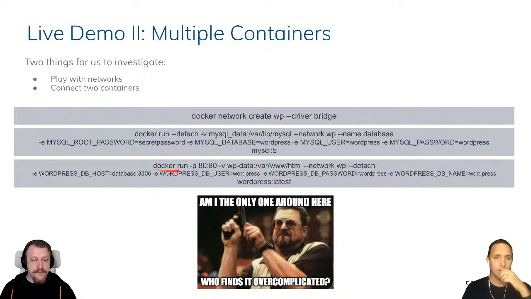And finally, I run publishing port 8080 on the left for the host, and on the right port 80 for the container. Mounting a volume, WordPress data, into /var/www/html for a simple purpose.